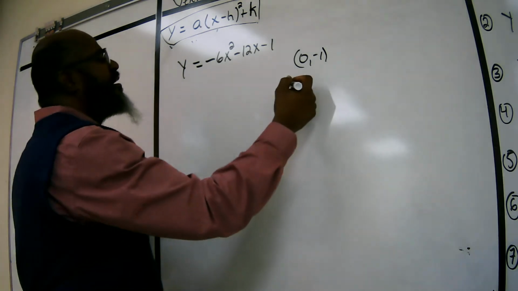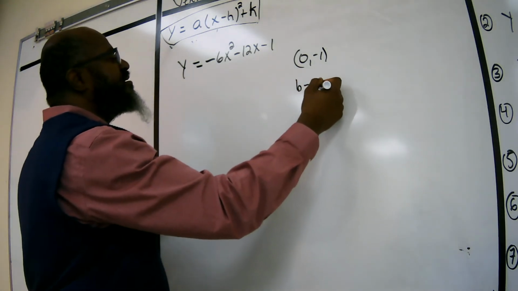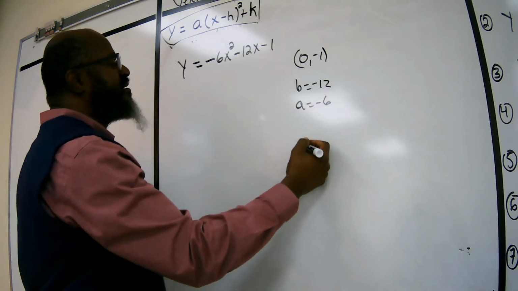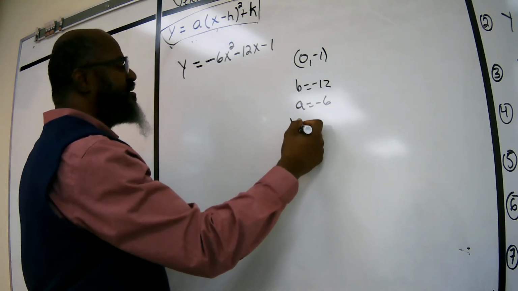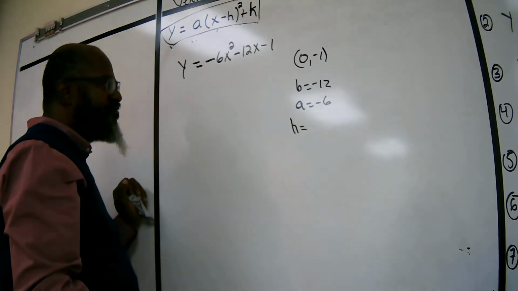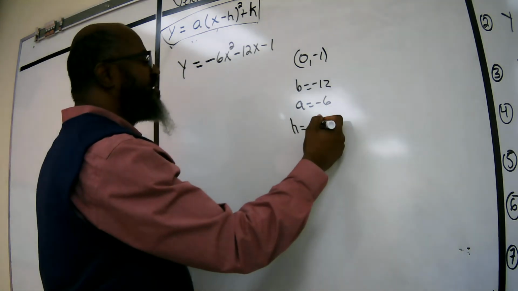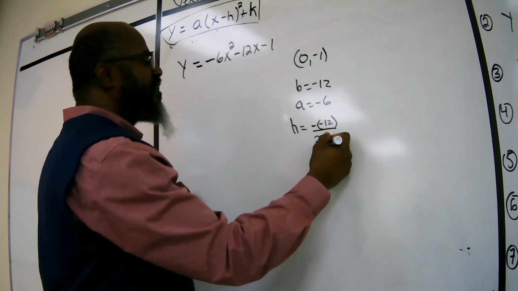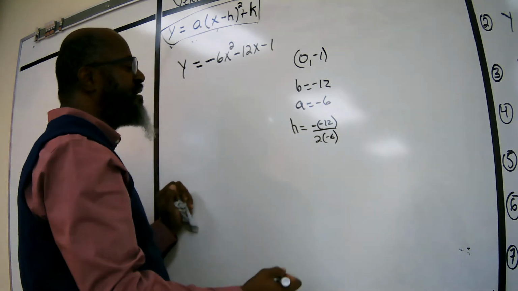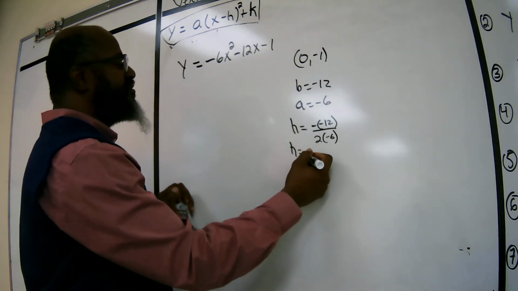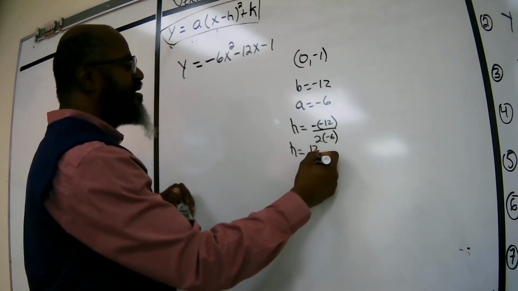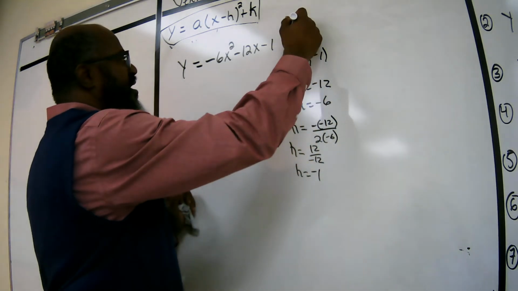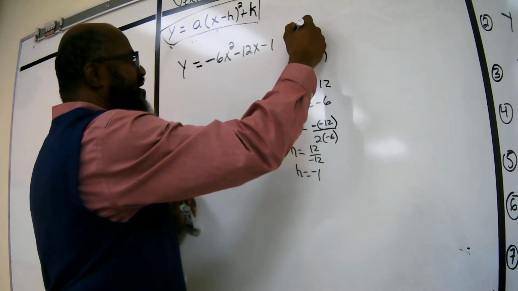Alright, my b is negative 12, my a is negative 6, so my axis of symmetry is minus b over 2a, that will be minus negative 12 over 2 times negative 6. I will have h equal to 12 over negative 12, therefore my axis of symmetry h is negative 1.